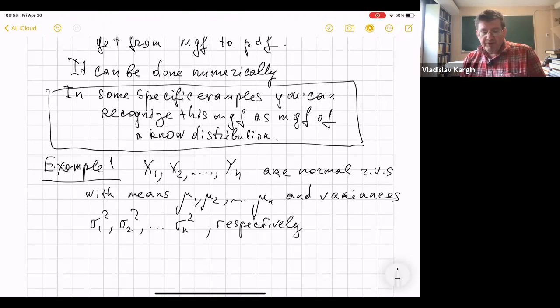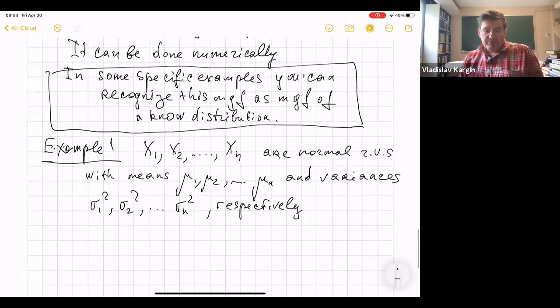So X1 has mean mu1 and variance sigma1 squared, X2 has mean mu2 and variance sigma2 squared.